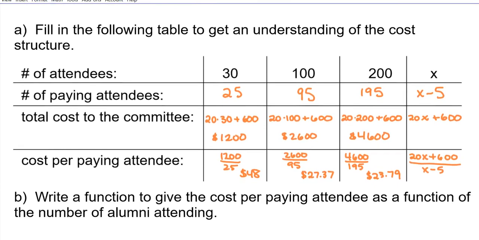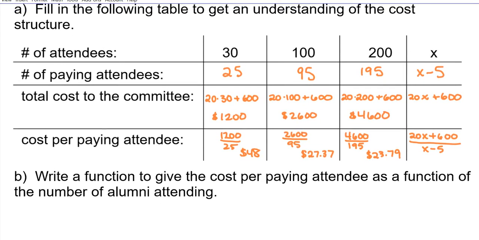So under that, we're asked to write a function. So we need a name like f of x or something, although because it's cost, maybe we'll call it c of x, c for cost. The cost per paying attendee, that's what we actually just figured out. Now we're just being asked to write it as a function.